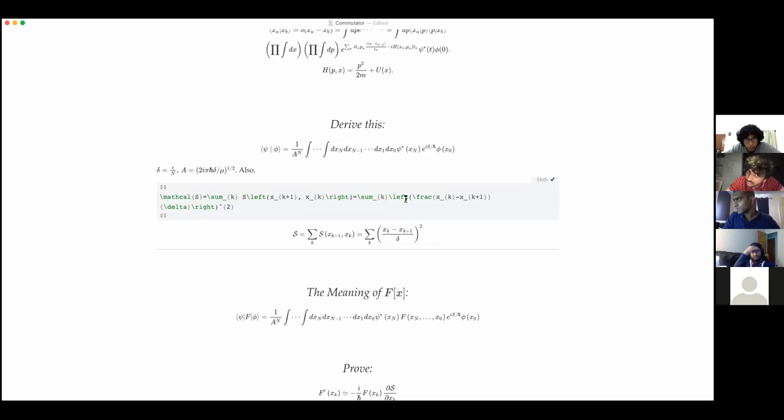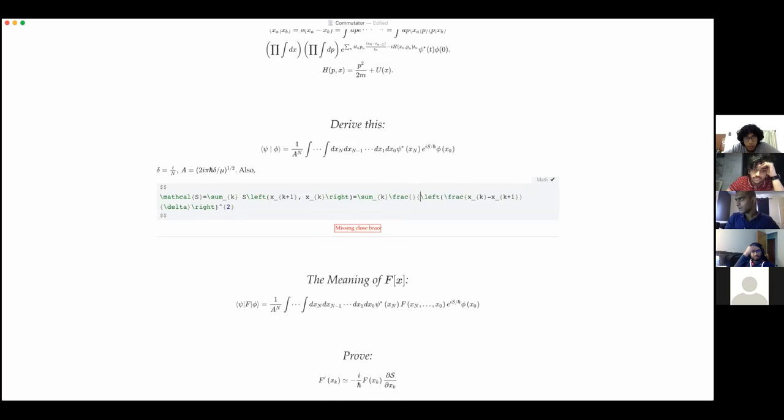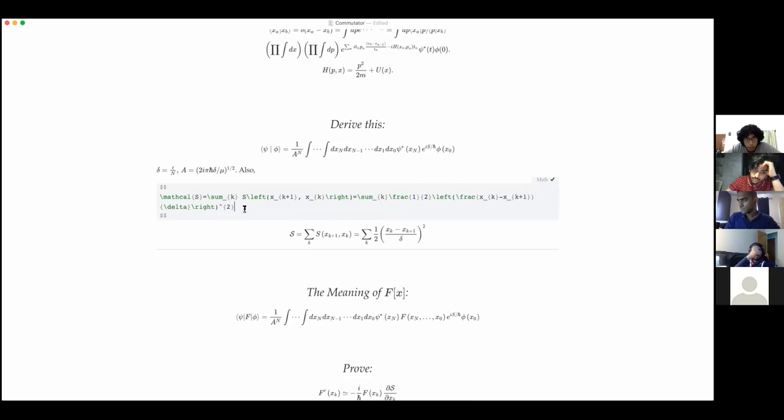It's like 1/2. Sorry, this is m over 2. Sorry, this is k plus 1 and k. I did this with k minus. So this is going to be k.